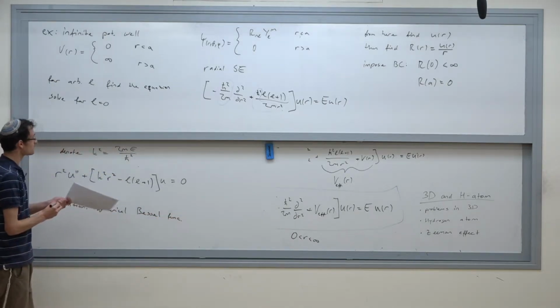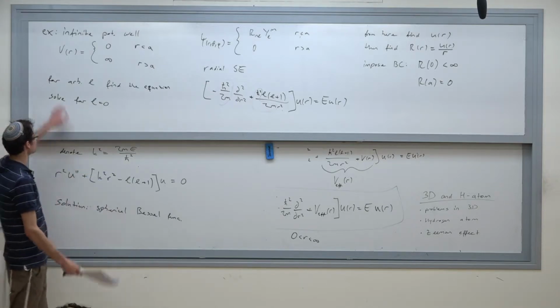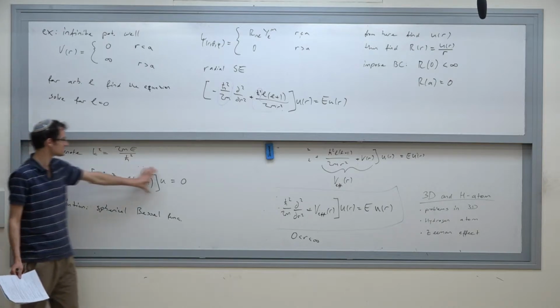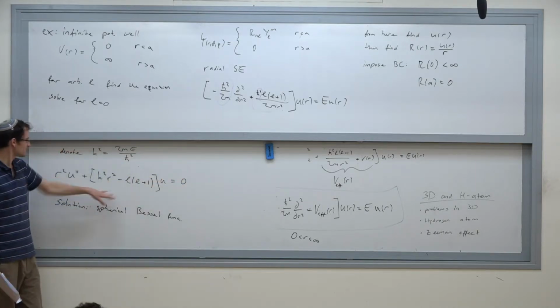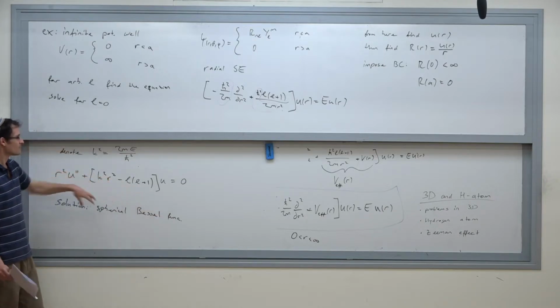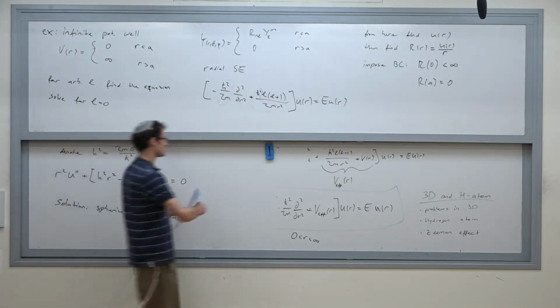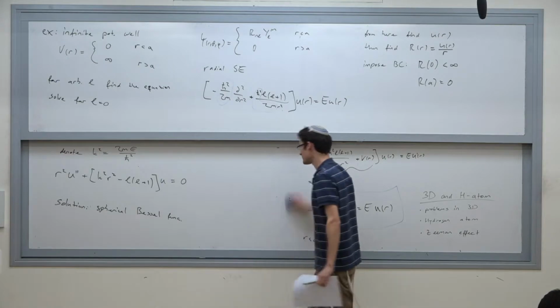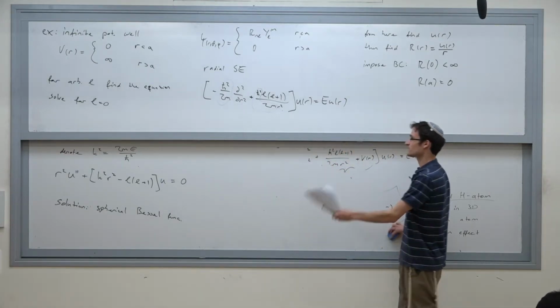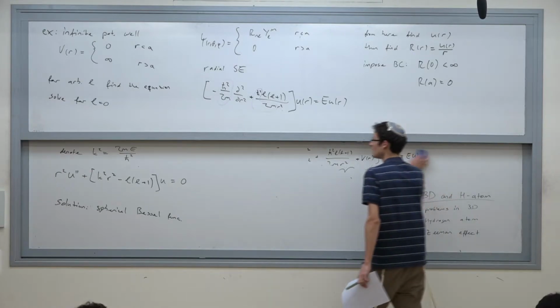That's why in the question I say to find an equation for an arbitrary L, which is this. I'm telling you that the solution is called a spherical Bessel function, and you can Google it later on, but I'm not going to show you how to get there, although you should know how to do this by yourself. I'm also not going to show you how they look. You can Google that. What we're going to be concerned about is what happens for L equals 0.